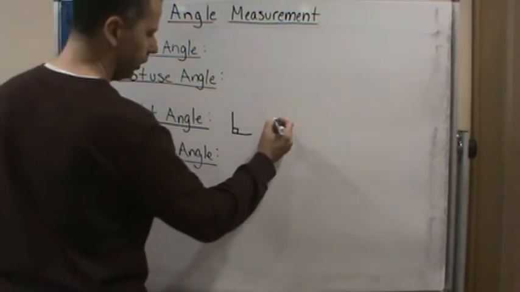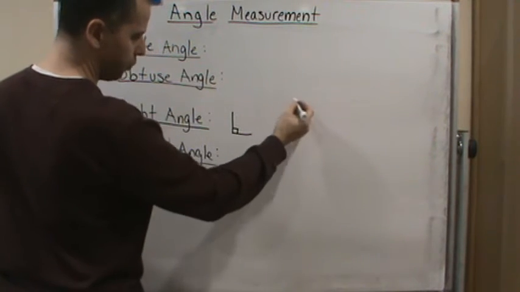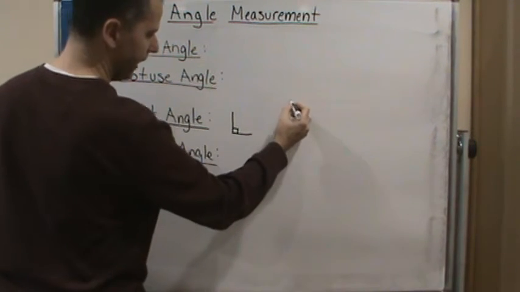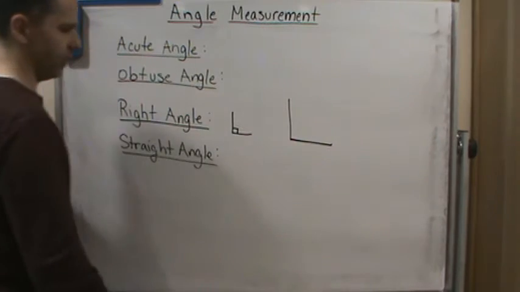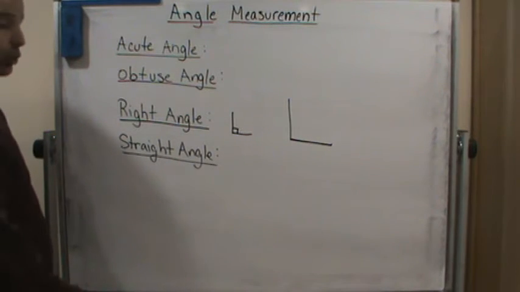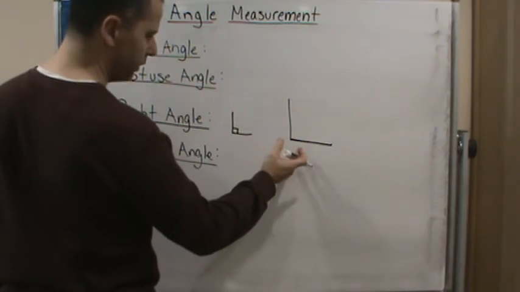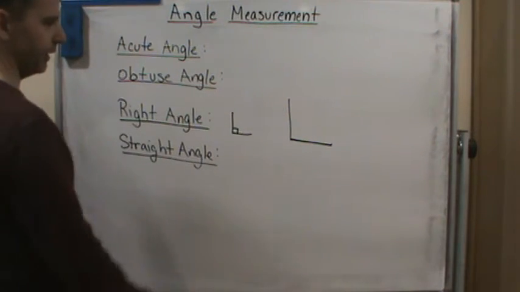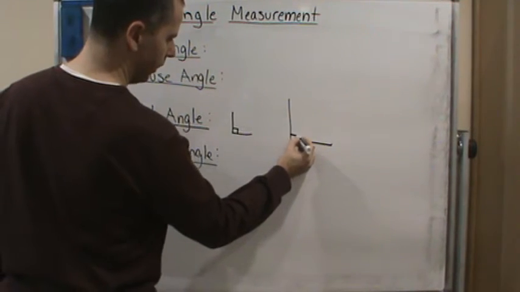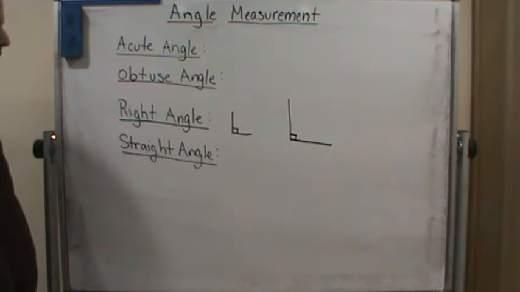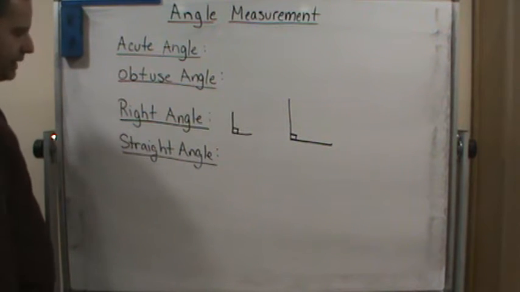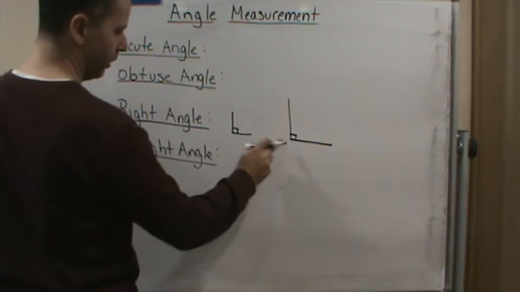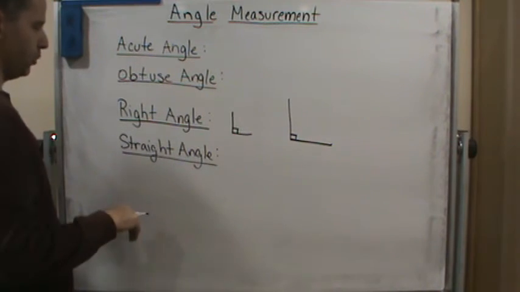If we just saw an angle like that, even though it looks like a right angle, we couldn't assume that it is a right angle unless it had the square angle there. Pictures can be deceiving, so make sure you look for that symbol. Otherwise, you cannot assume that it's a right angle.